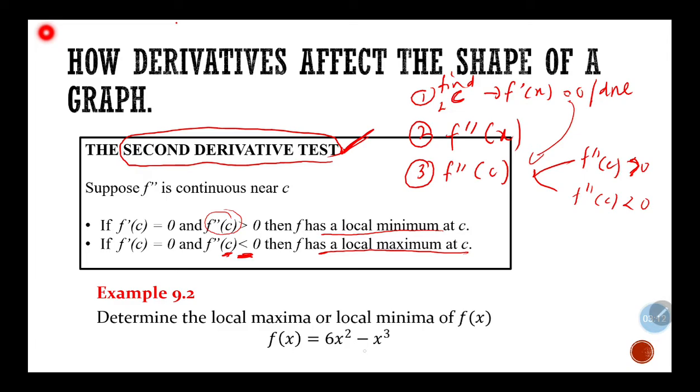So now, let us repeat the example that I asked you to submit for classwork last week. The function is f(x) equals 6x squared minus x cubed. Is it correct? Yes, it's correct. So the first step, we differentiate.